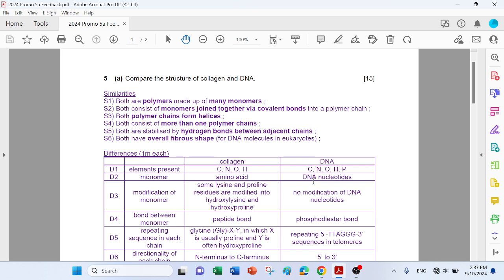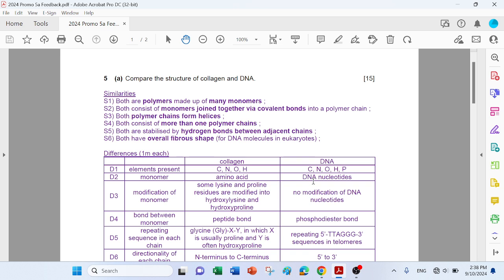So multiple strands or chains. And between all these polymer chains, there are hydrogen bonds that stabilize the chains together.